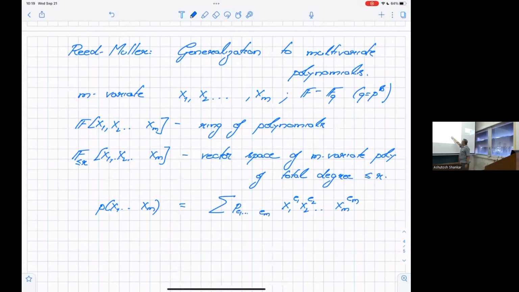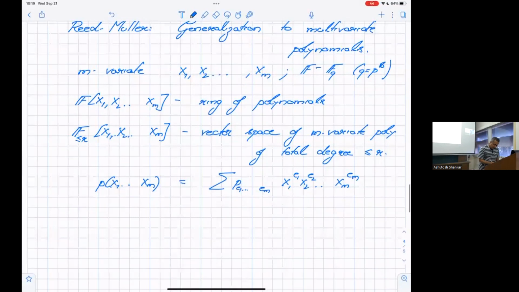But I want the total degree to be at most r. What do I mean by that? I'm only going to look at vectors e1, e2, ..., em such that the summation of e_i is less than or equal to r. But that's not the only condition I should be imposing. I should impose one more condition.